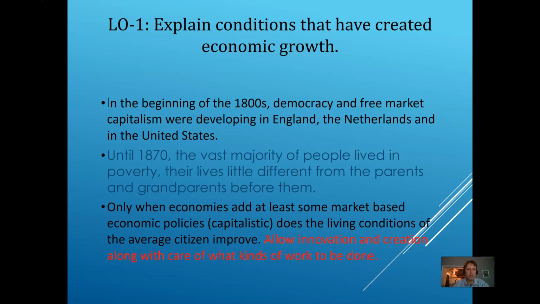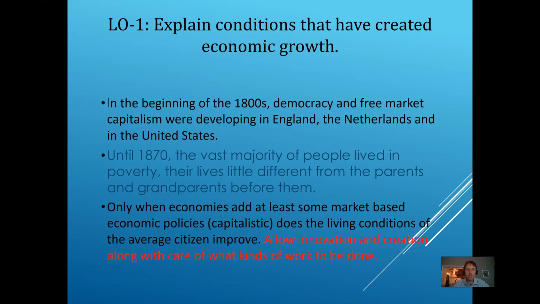in our activity for this lecture. So in the 1800s, democracy and free market capitalism were developing in England, the Netherlands, and the United States. But until 1870, most people lived in poverty, and then there were landowners, the aristocrats, who would have lived much better, but that was not the norm.